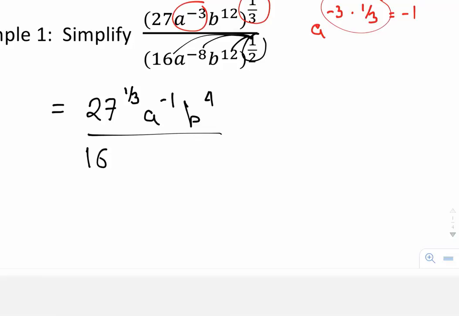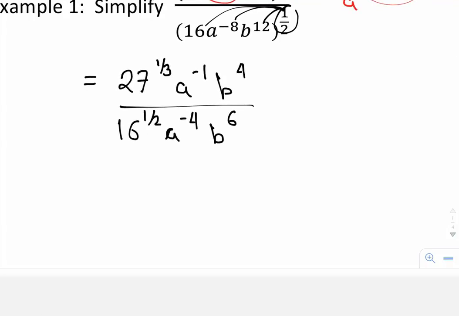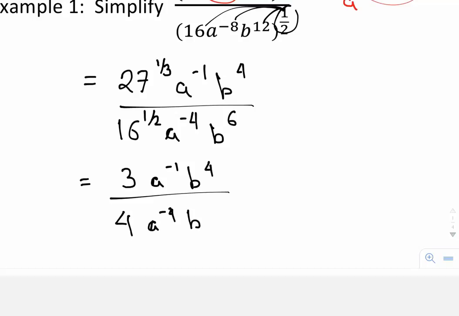Well, I'll save that for a second because I want to match the top. A to the negative 8 becomes a to the negative 4, and then I will have b to the 6. And now I'll actually do the calculation. So the cube root of 27 is 3. I have a to the negative 1, I have b to the 4, all over 4, a to the negative 4, and b to the 6.